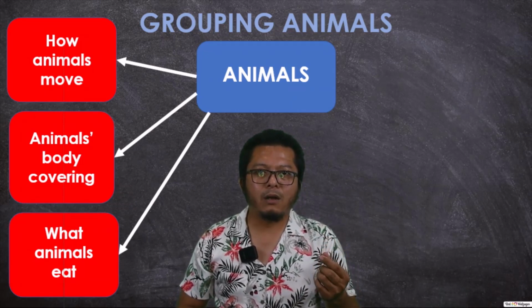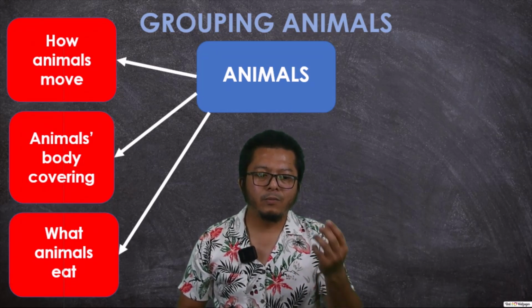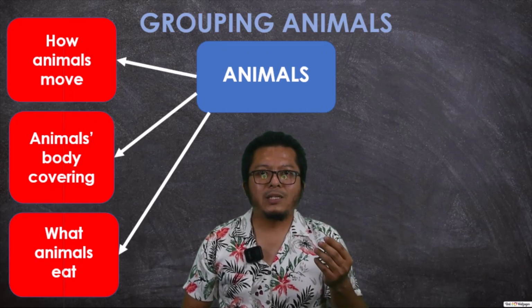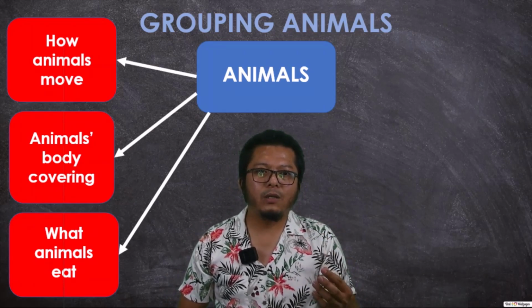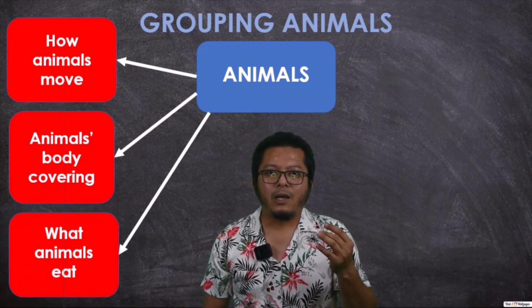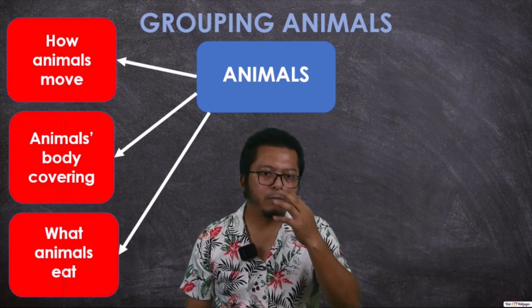Some animals are herbivores, which eat plants only. Some animals are carnivores, which eat animals only. And some animals are omnivores, which eat both plants and animals.